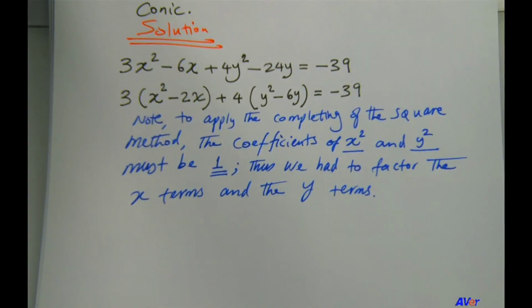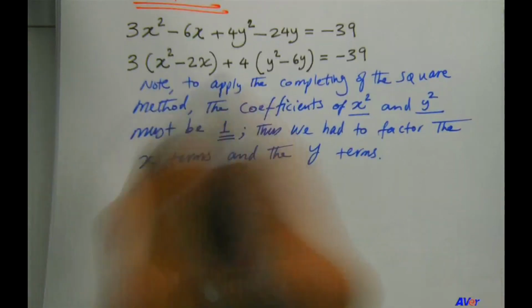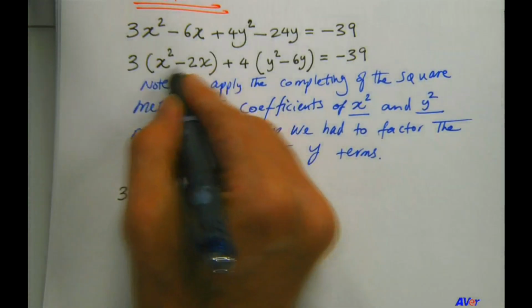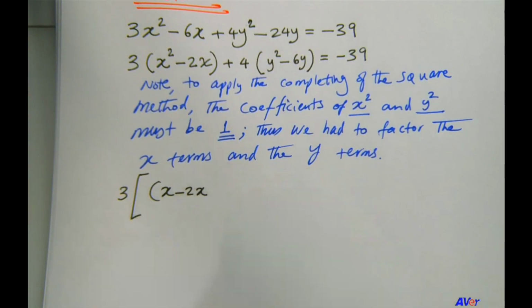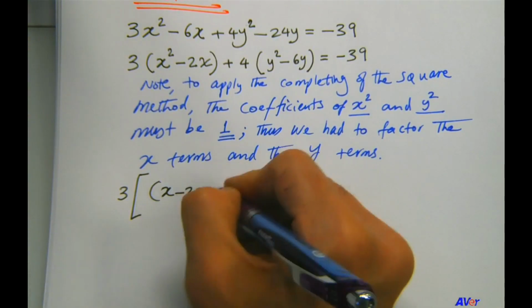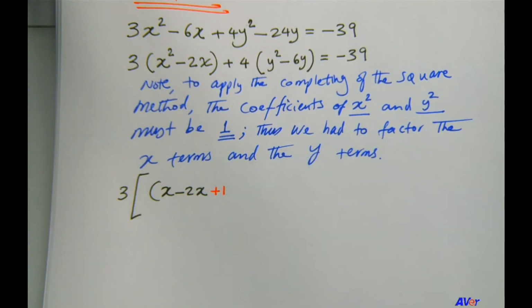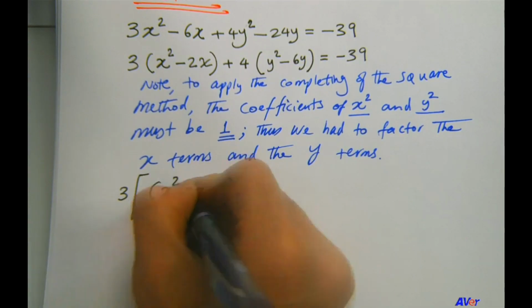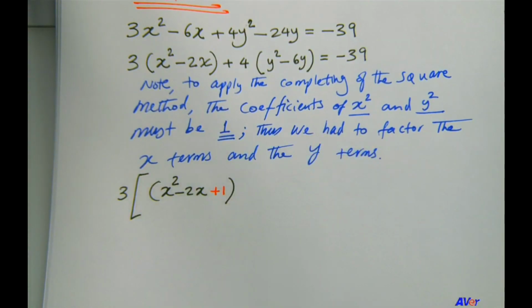Okay, so now we can apply the completing the square method. So we have 3 times, in order to complete the square, I'll have to say x squared minus 2x, once again, plus 1. So I added this 1 in order to be able to complete the square here. Give me that square. And then I have to subtract that as well.